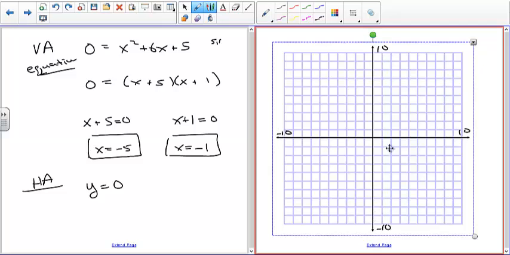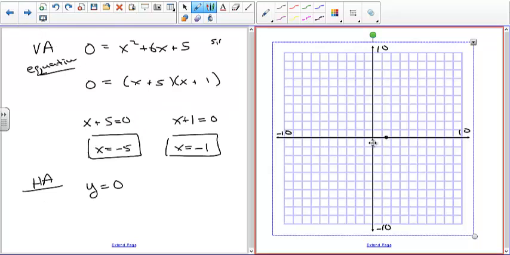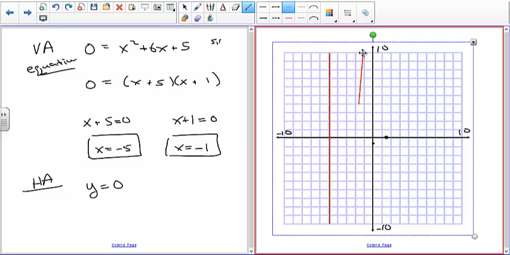The x-intercept's 3/2, which is 1.5. The y-intercept was -3/5, so that's about right here. We have two vertical asymptotes, one at x equals -5, which would be here, and x equals -1. And we have a horizontal asymptote of 0.